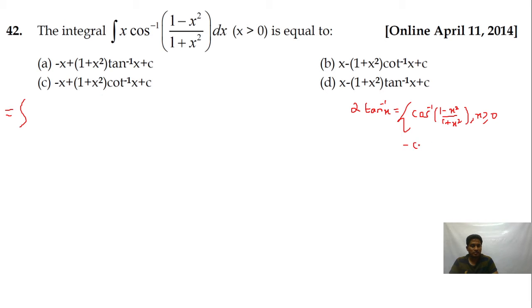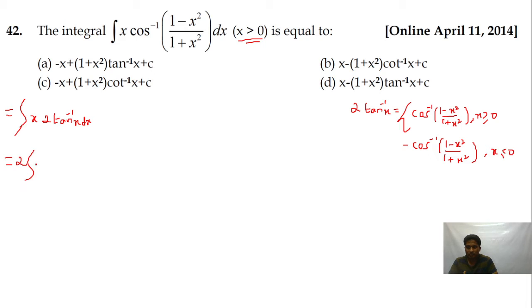And it is minus cos inverse of 1 minus x square by 1 plus x square when x is negative. It's mentioned in the question here x is strictly greater than 0, obviously first case. So I can write cos inverse of 1 minus x square by 1 plus x square as 2 tan inverse of x. Suppose they give you domain x negative, then use that second formula.